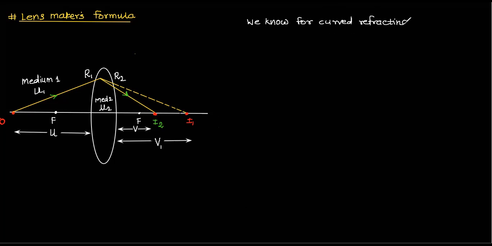If you see in the notebook, you will get this. For curved refracting surface, you have the formula mu2 by v minus mu1 by u is equal to mu2 minus mu1 by r. Yes, this is the common formula. This is the formula already we have derived.